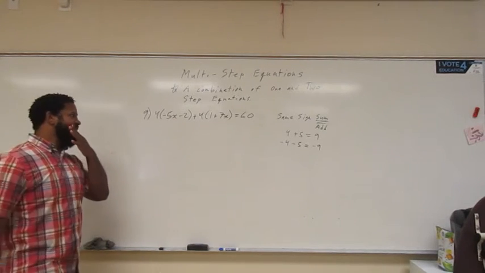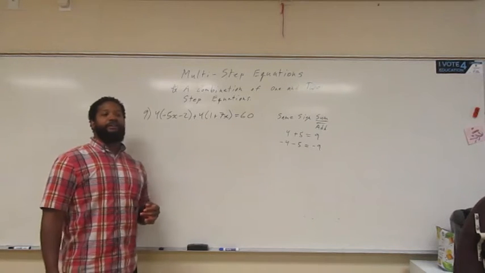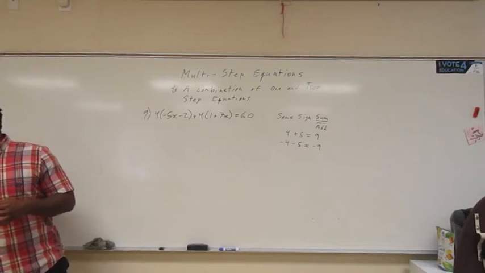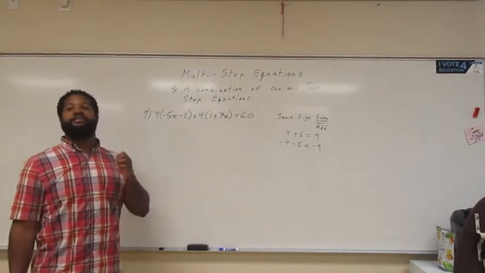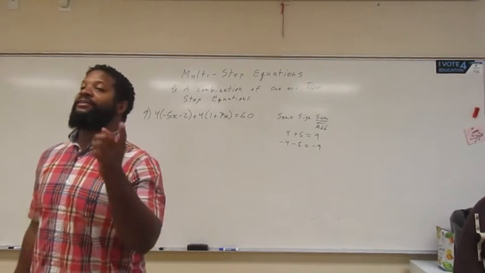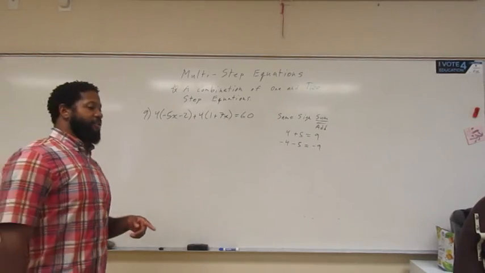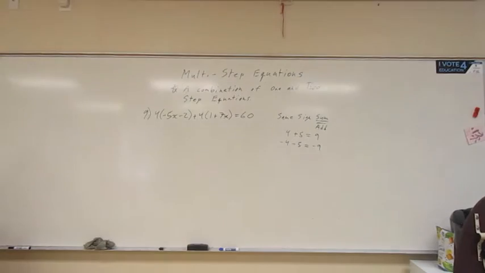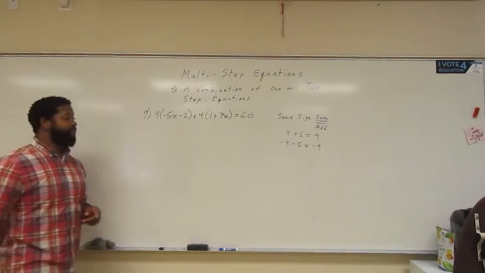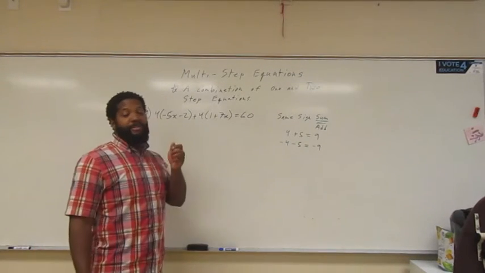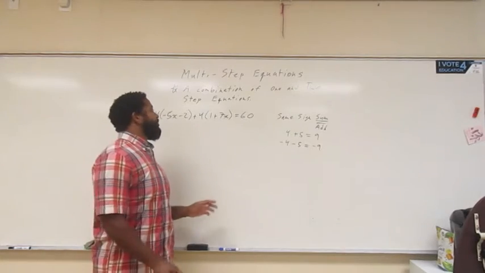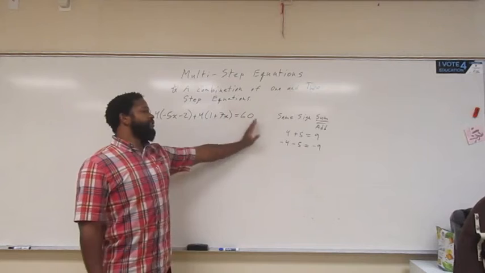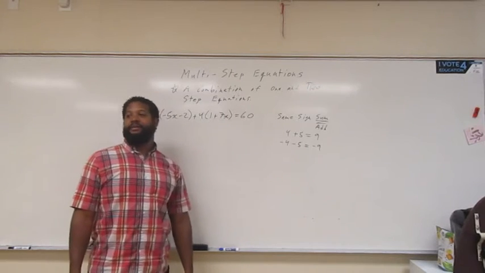All right, so this is where, I'm gonna be honest with you, 9 through 12, you are going to be doing the distributive property and then combining like terms, okay? With a couple of these, actually with all of them. Some of them you're probably just gonna have the distributive property on one side and the distributive property on the other side.